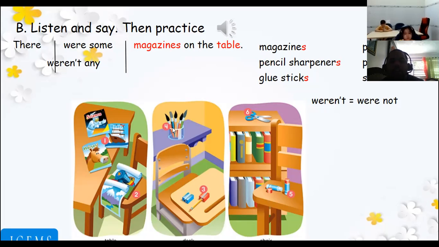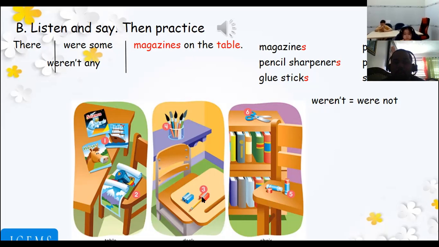Let's say it again one more time. There were paintbrushes on the chair. Or in this case, there were paintbrushes on the shelf. Okay, very good. So let's see.